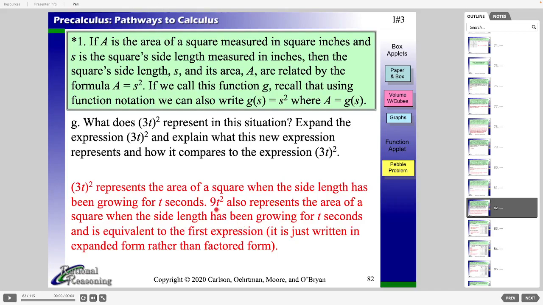That's going to be the area of the square when the side length has been growing for t seconds, and is equivalent to the first expression.